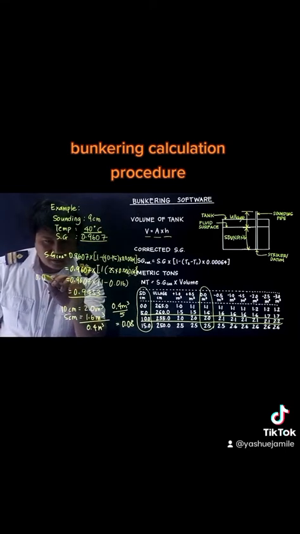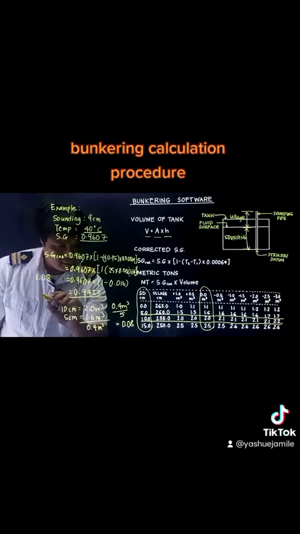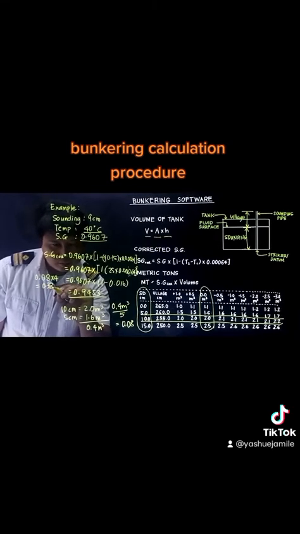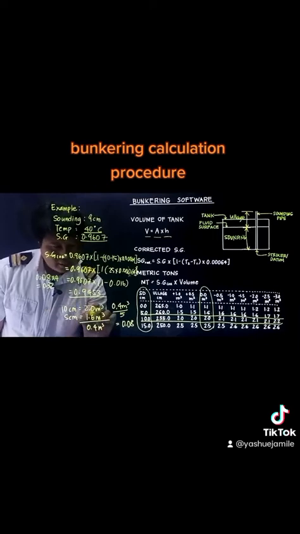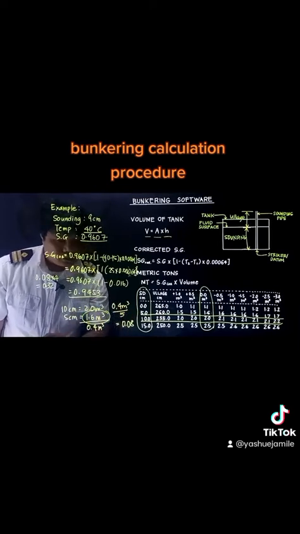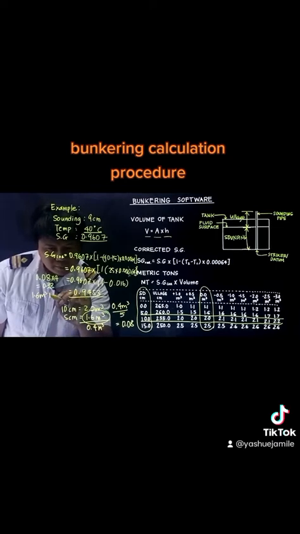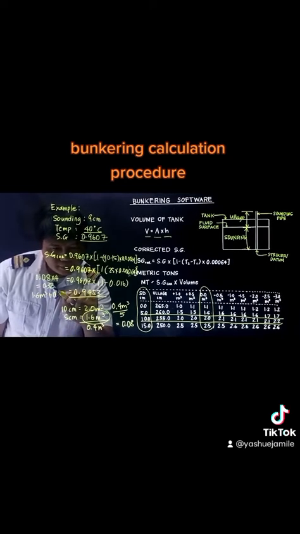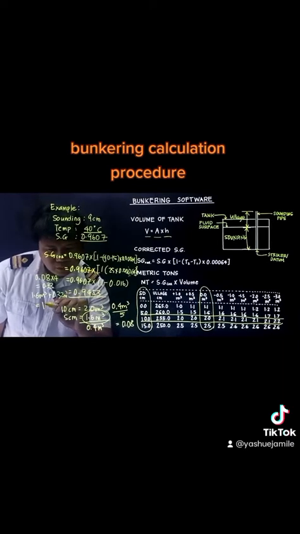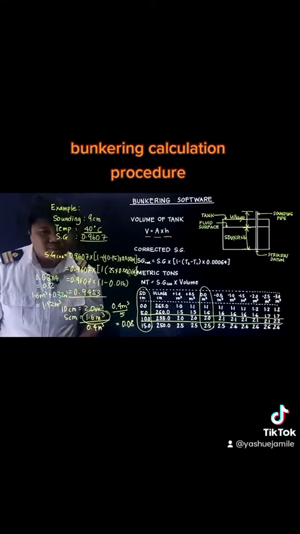So 0.08 times 4 is equal to 0.32, and then this volume, 1.6 cubic meters plus 0.32, is equal to 1.92 cubic meters.